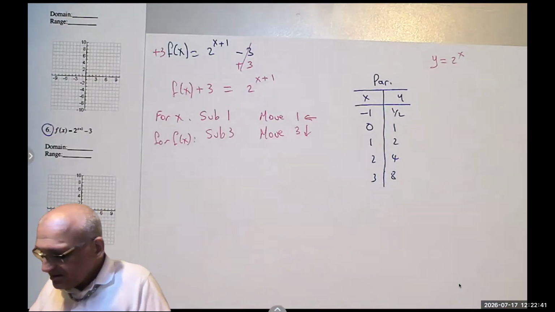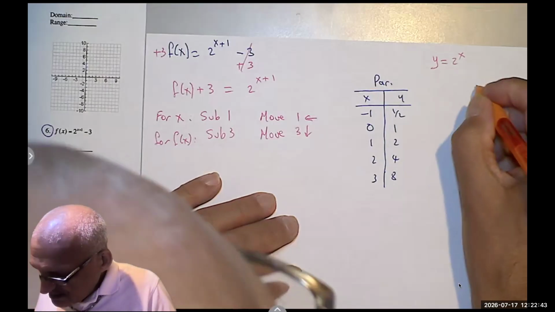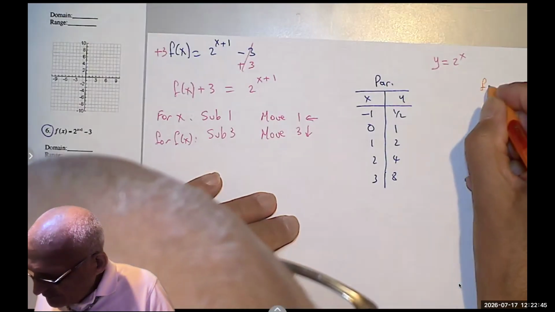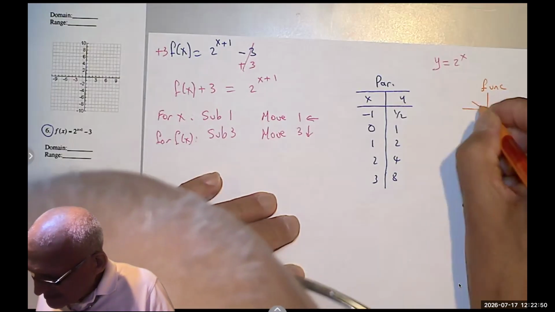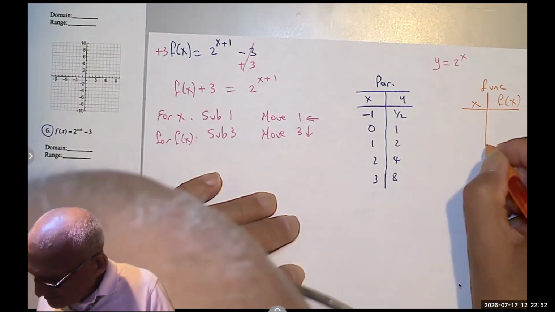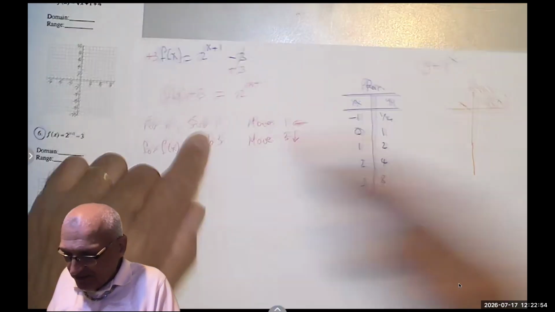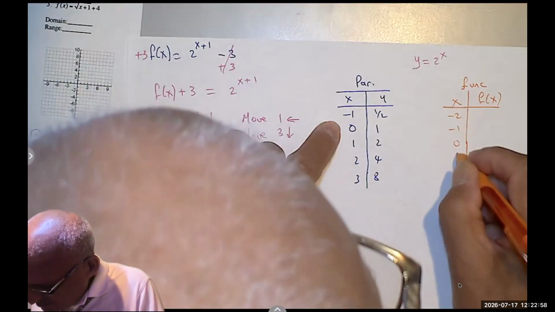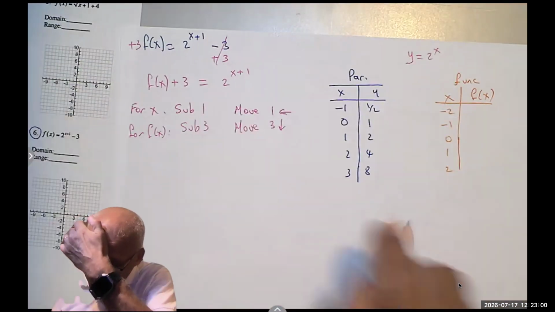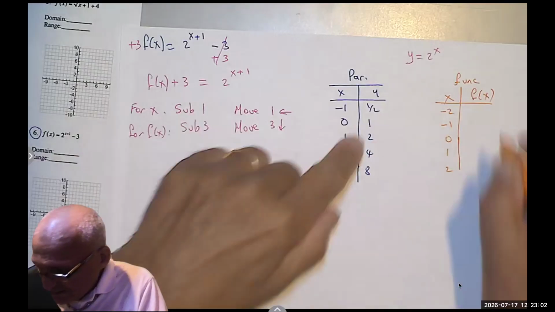So that's the same, okay? Here is my function. I have an x and f of x. What did I do to the x? I subtract 1. So -2, -1, 0, 1, 2. What did I do to the y? I subtracted 3.